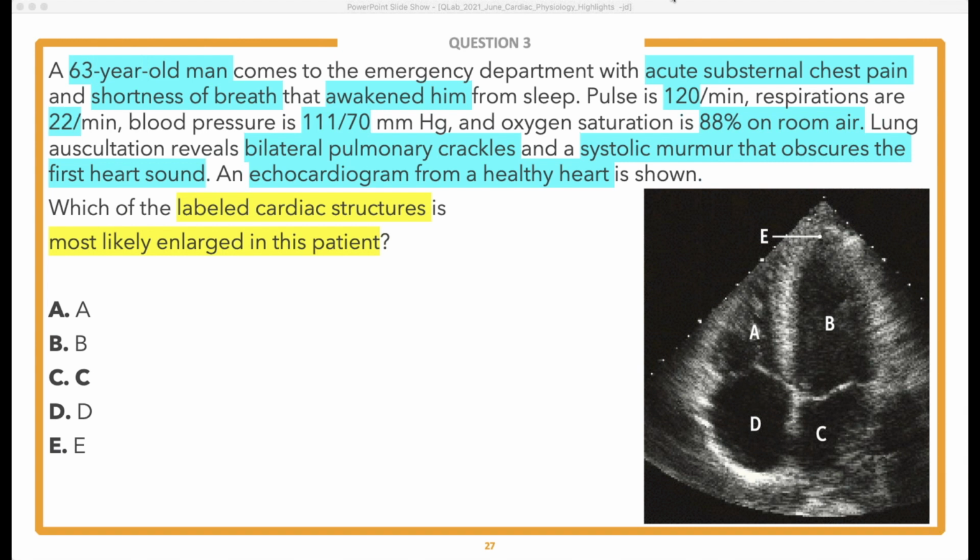Hopefully you can start to figure out how to use your clues and anatomy knowledge to interpret some of these radiologic images. So a nice question here. Answer choice A is the right ventricle, B is the left ventricle, C is the left atrium, as we mentioned, D is the right atrium, and E is the apex of the left ventricle. A nice physiology question with a radiographic tie-in, and another tough question here as well.